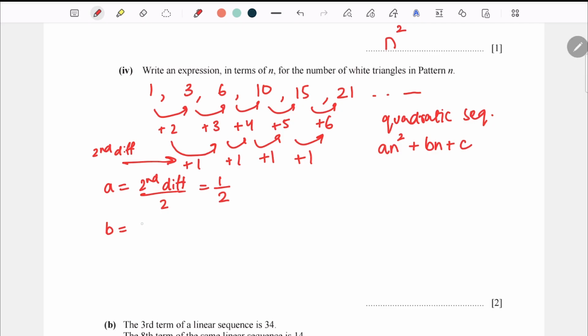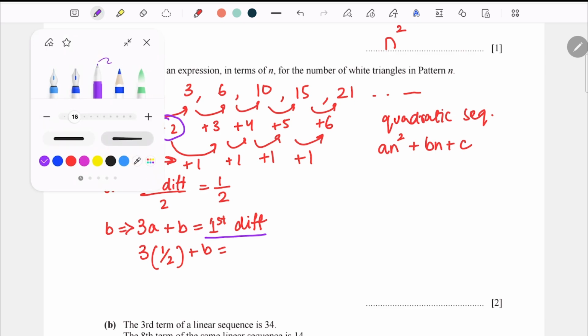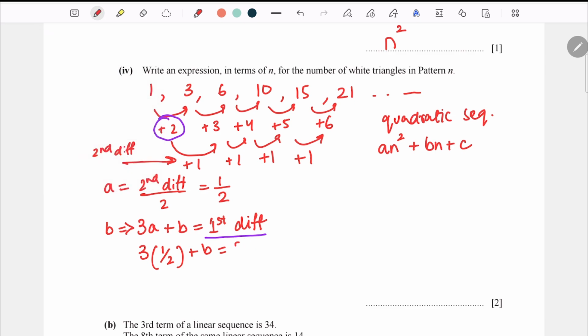Then for b, the general formula is 3a plus b is equal to the first difference. And here the first difference is basically 2. So 3a, a will be substituted by half, plus b is equal to the first difference, which is plus 2.